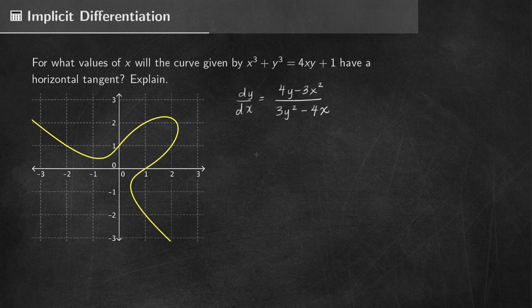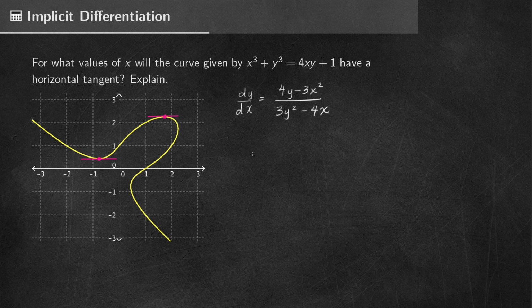Next, we want to know for what values of x does this curve have a horizontal tangent. So it's the same equation we were just looking at, same graph, but now we want to know where the tangent line is going to be horizontal. Just looking at our graph, it looks like there will be a horizontal tangent right about here, and then again, somewhere right around here.